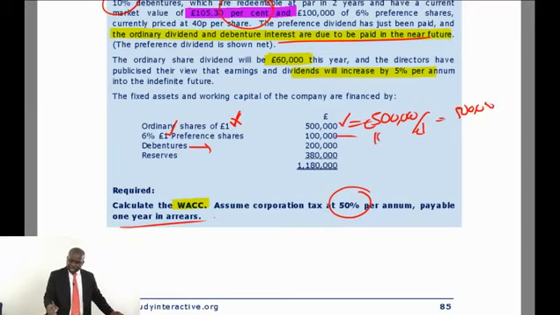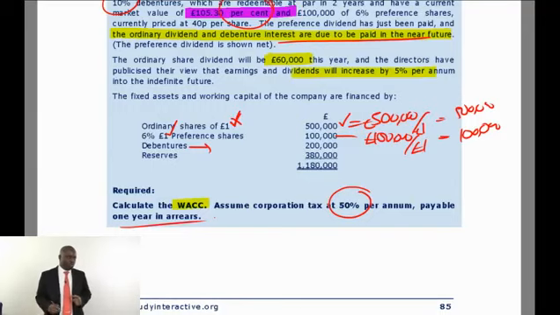Preference shares, you pick the 100,000 divided by £1 and it gives you 100,000 shares. When you come to the loan note, that is where most people get it wrong, even from F9 level. So let me clear it. They are not going to put it here for you.